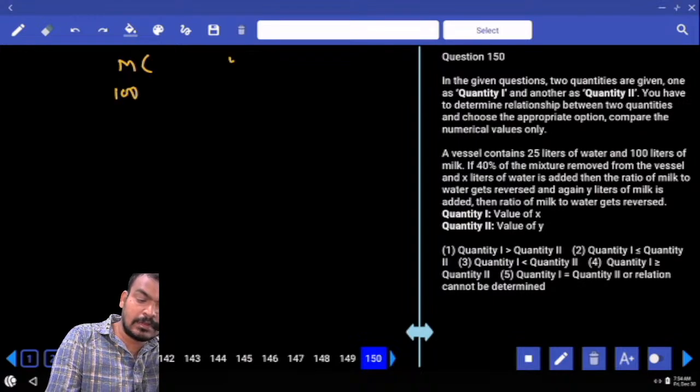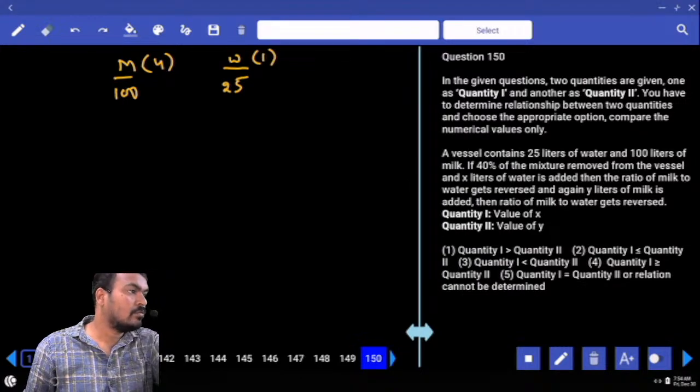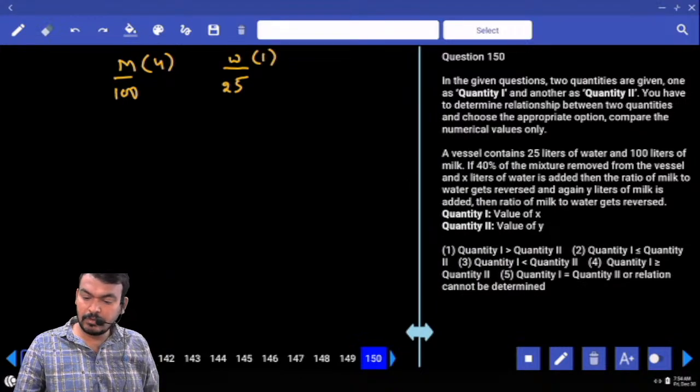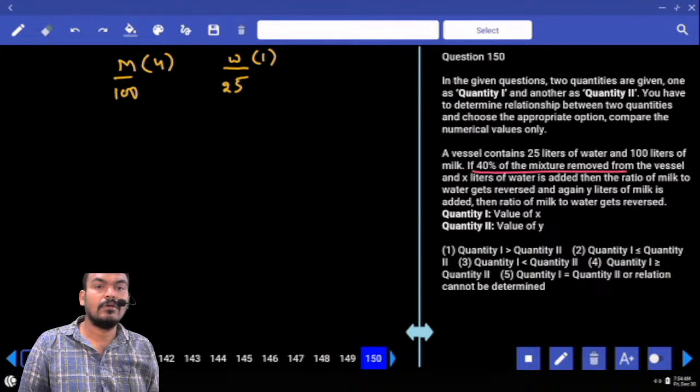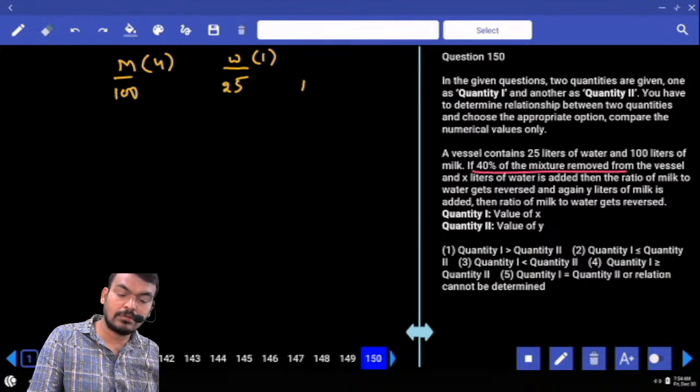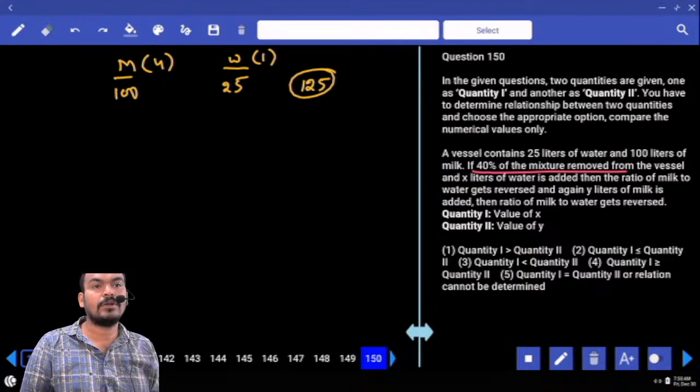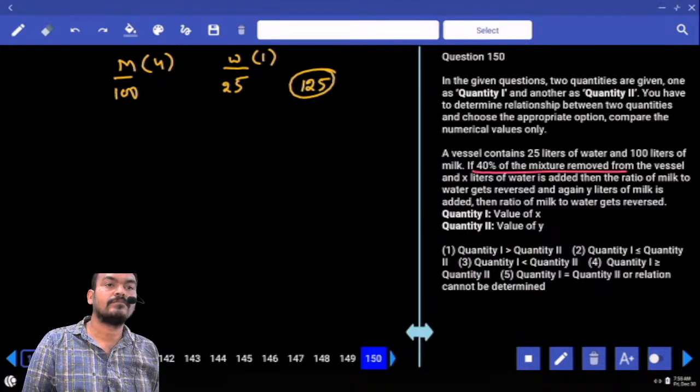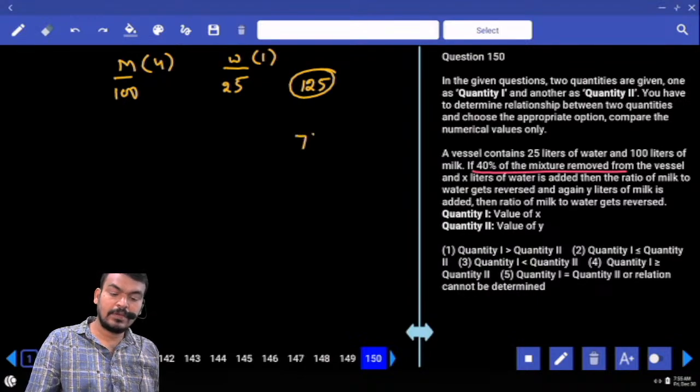Initial water 25 liters. The milk and water ratio is 4:1. How much percent of the mixture is removed? 40%. Total mixture is 125, and 40% of 125 is 50. 125 minus 50 is 75.